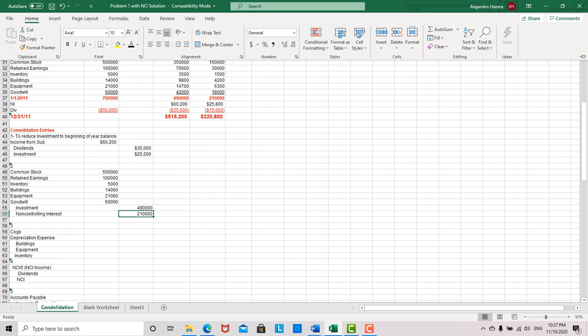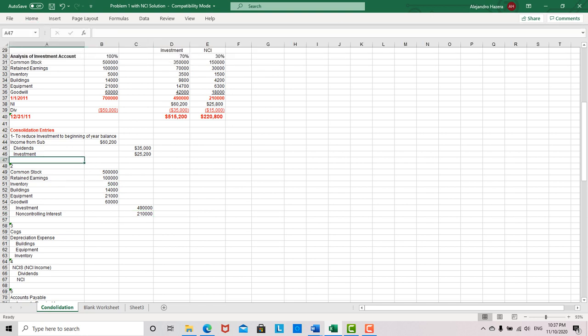Okay, so the purpose of this entry, I'll even write the purpose of this one. I'm going to say the purpose of this one is to reduce beginning investment balance to zero.